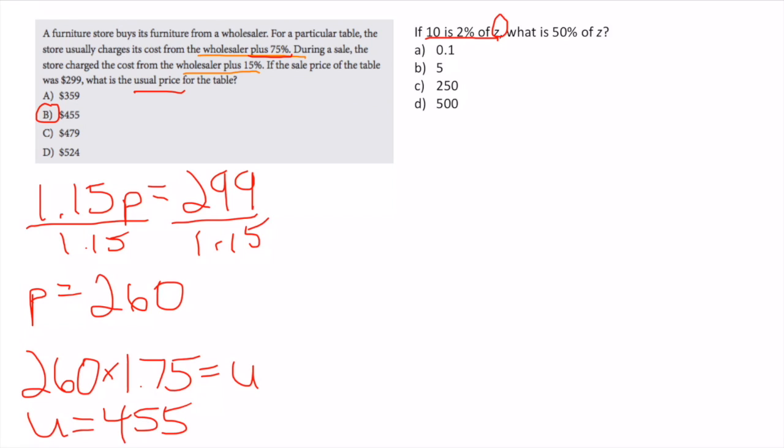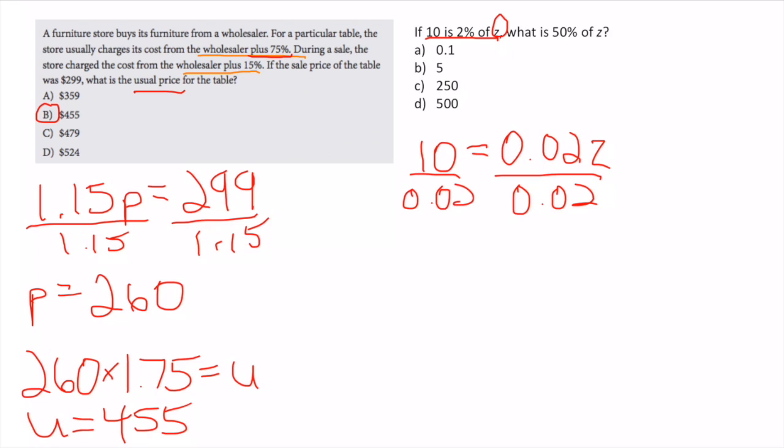If I were to put this into an equation, 10, then I see the word "is" means equals, 2%, which I convert into a decimal, times Z. So again, divide by 0.02. Z equals 500 in this case.